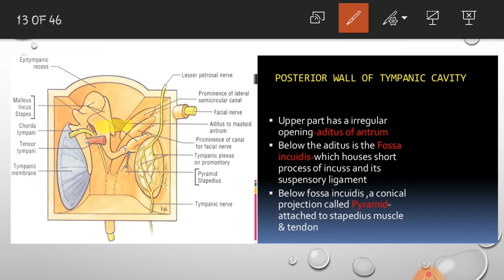Below the aditus is the fossa incudis, which houses the short process of the incus and its suspensory ligament. Below the fossa incudis, a conical projection called the pyramid is attached to the stapedius muscle and tendon.